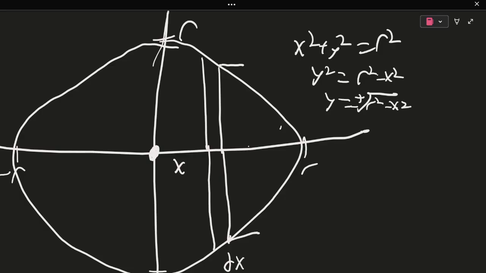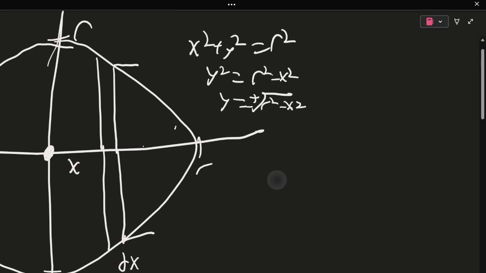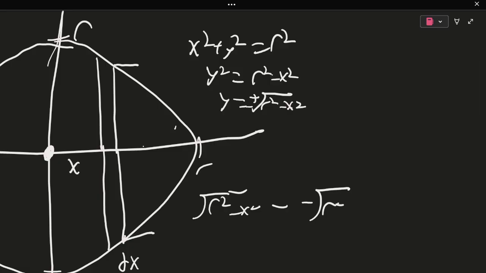So the total length is square root of r squared minus x squared minus negative square root of r squared minus x squared, which is equal to 2 times the square root of r squared minus x squared.